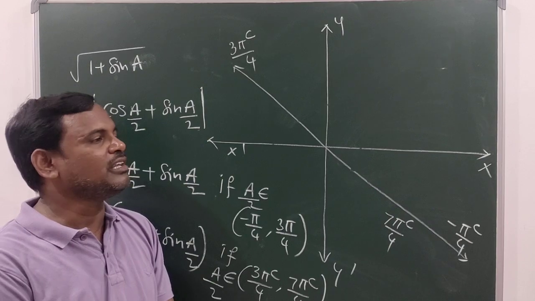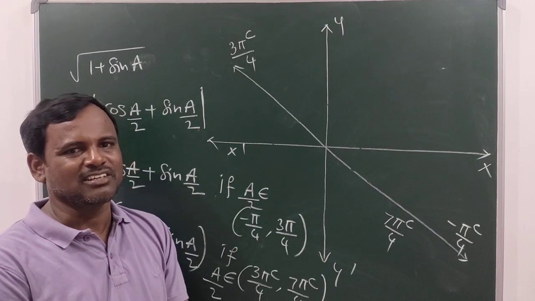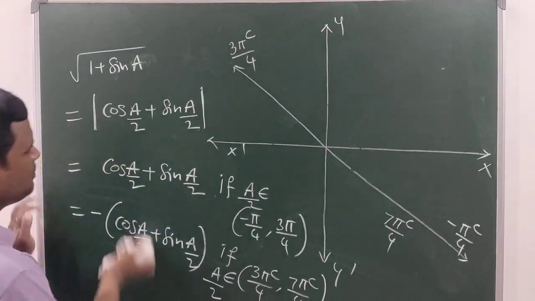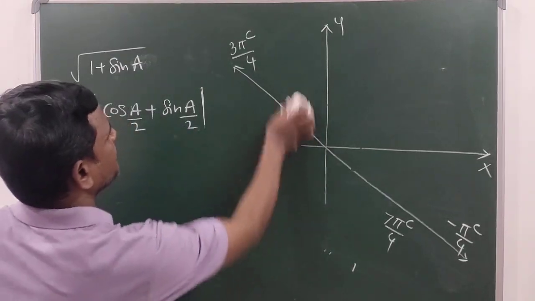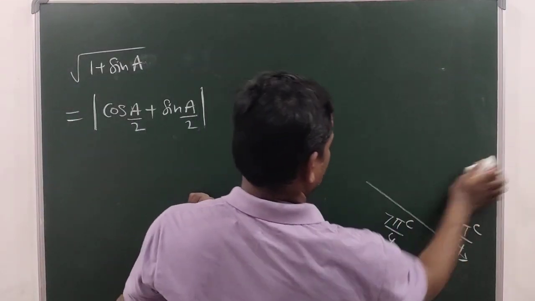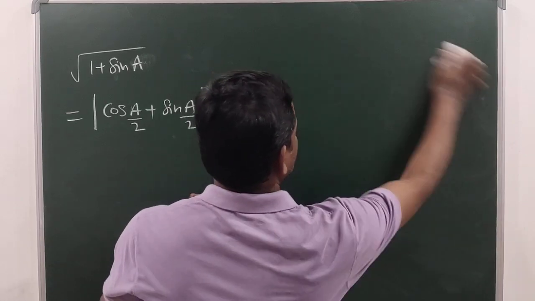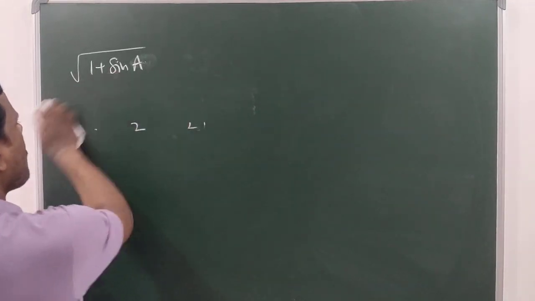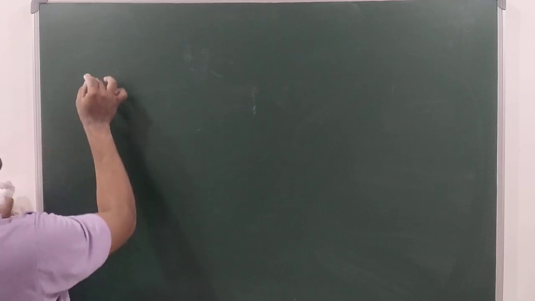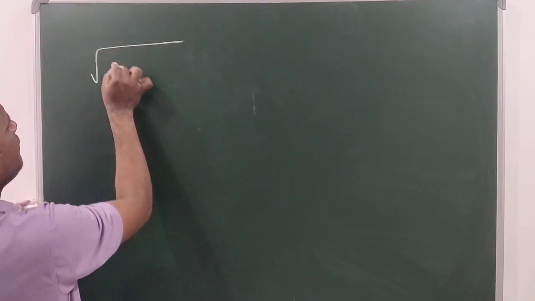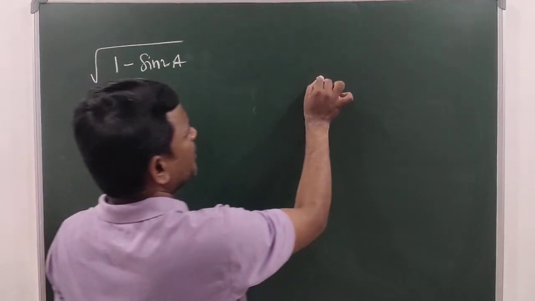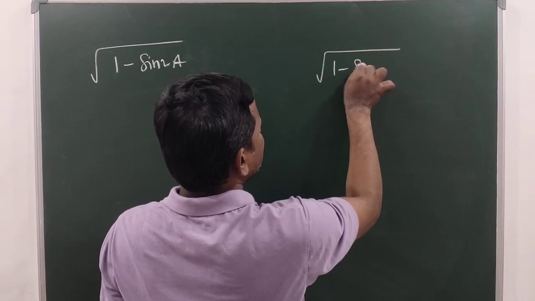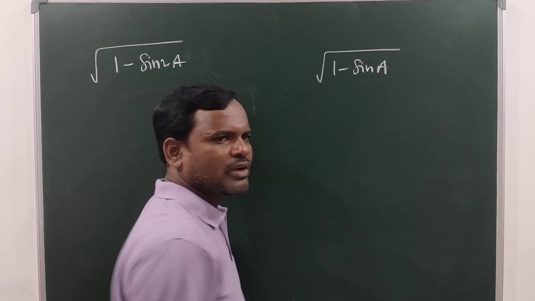S means sin A or sin A by 2. Okay. Now let us go for C minus S concept. C minus S means same like the C plus S only. Middle minus we will get. See, square root of 1 minus sin 2A. Now square root of 1 minus sin A. Okay.